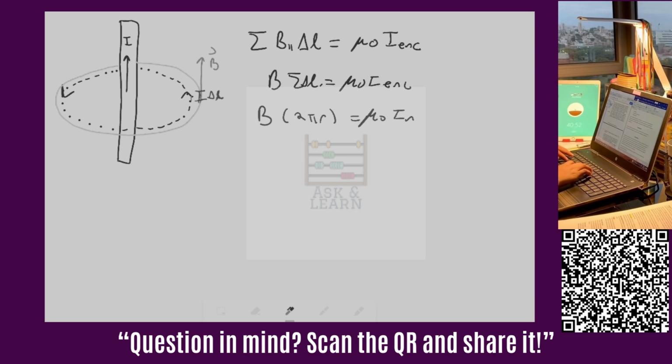Current enclosed. So what we see is that the magnetic field given by a current carrying wire is going to be mu naught times all the enclosed currents divided by how far away we are, how big is our loop that we've drawn around this thing.